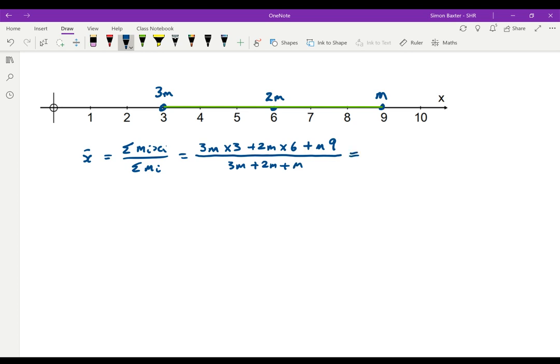Well, on the top we get 9m plus 12m plus 9m, which is 30m. If we divide that by 3m plus 2m plus m, that is 6m, and we get that this is equal to 5. So this suggests that the balance point should be at x equals 5.